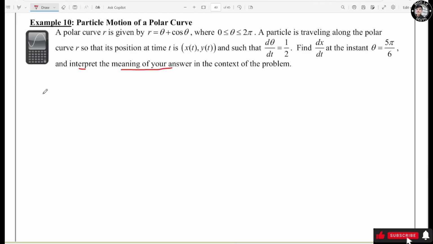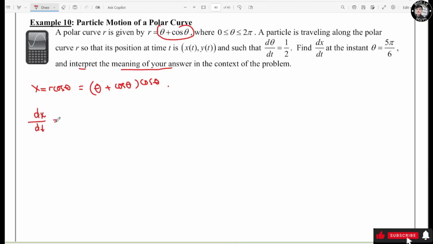Alright, so we know that x equals r cosine theta. Then r equals this one, so I substitute this one for r, so it could be theta plus cosine theta times cosine theta. Now you need to take the derivative dx over dt.